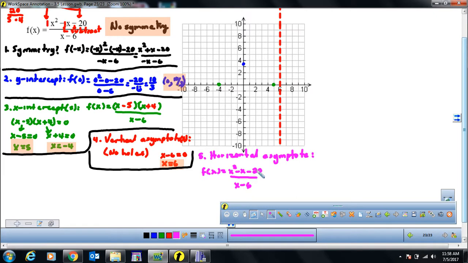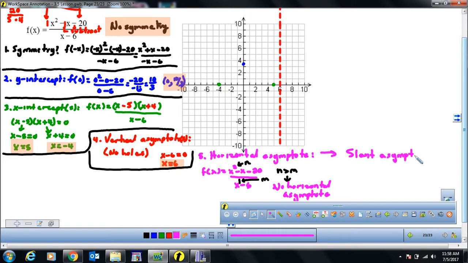What I want you to look at is that the degree of the numerator right here is 2, that's n, and the degree of the denominator is 1, that's m. So right here, n is bigger than m. When that happens, remember the definition says that there is no horizontal asymptote. And this is when we have the possibility that the horizontal asymptote is going to be replaced by a slant asymptote.